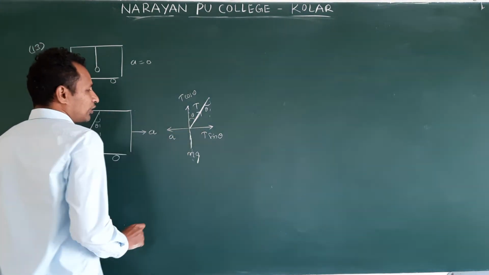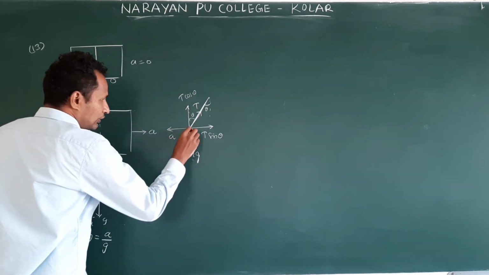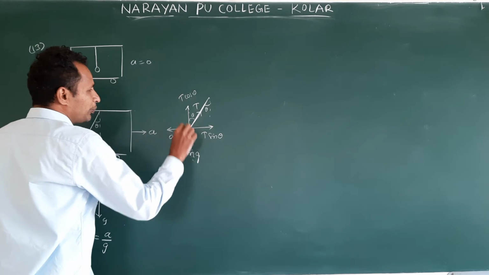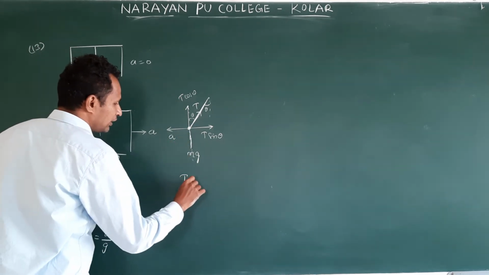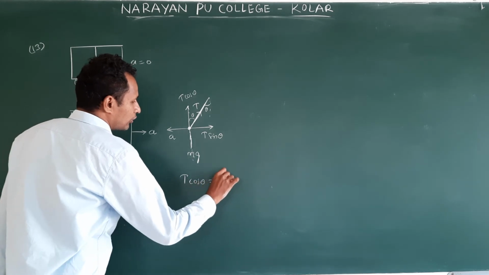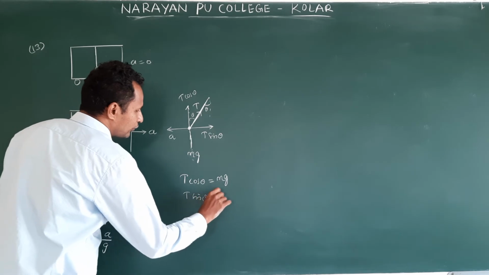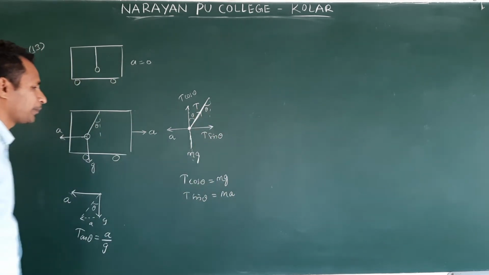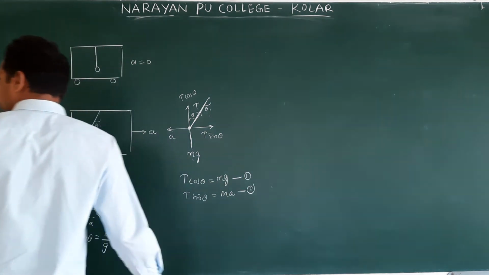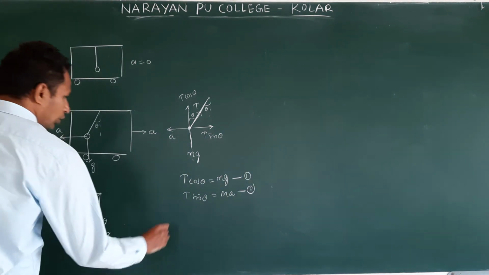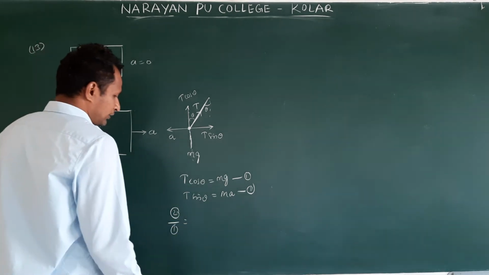Then, how do you write? It is in equilibrium. What does it mean? Upward forces is equal to downward forces. T cos theta is equal to mg, and T sin theta is equal to ma. This is taken as equation 1 and equation 2. 2 by 1. 2 by 1 means what?